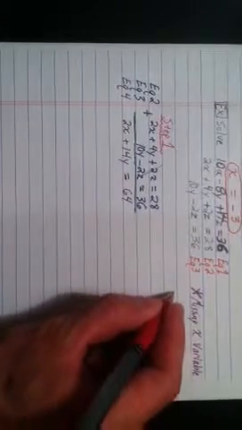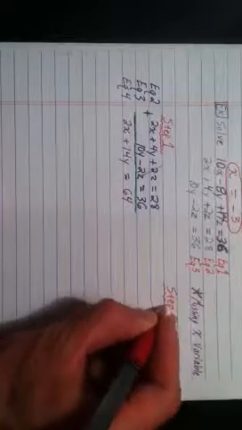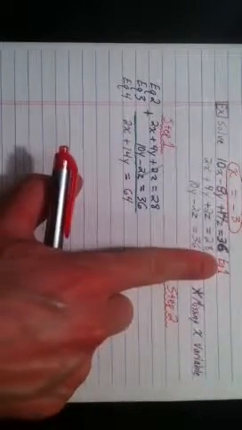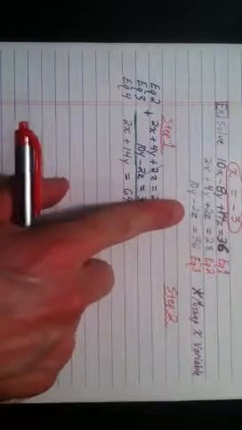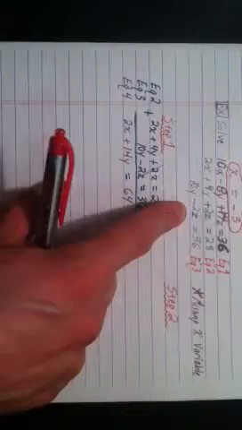So we can call this step 2. And how exactly can we involve equation 1? Well, again, we have this minus 2z here in equation 3. We need to cancel out the same z term that we canceled out in step 1.